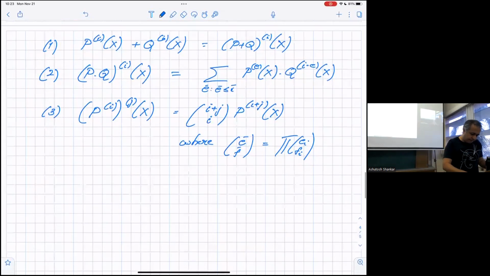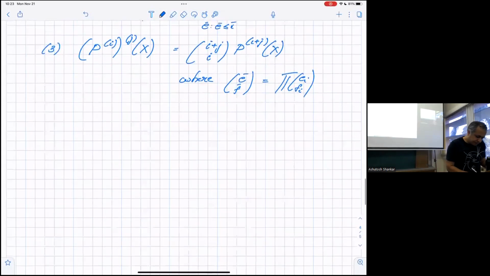We now define the notion of multiplicity, the multiplicity of a polynomial p at a point.